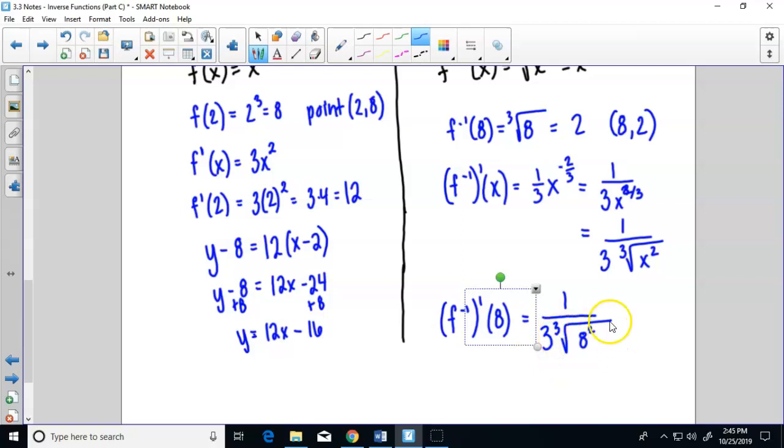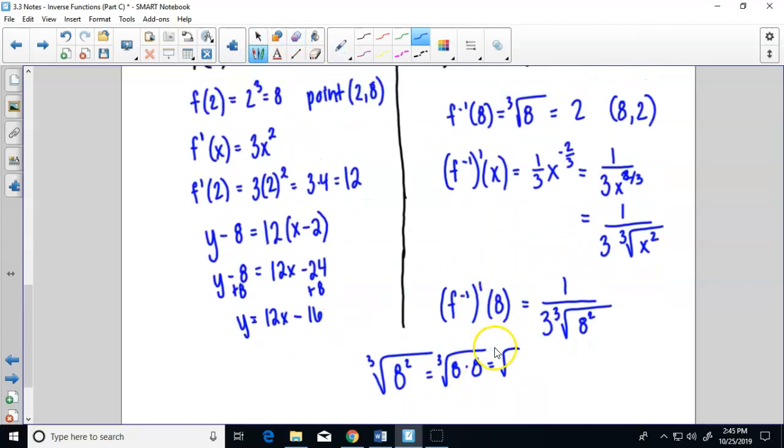It's not too bad to do, but when you're doing the cube root of 8 squared, that is the cube root of 8 times 8, which is the cube root of 8 times the cube root of 8. What is the cube root of 8? 2. So 2 times 2 is 4. So we've got 1/3 times 4, which gives us 1/12.